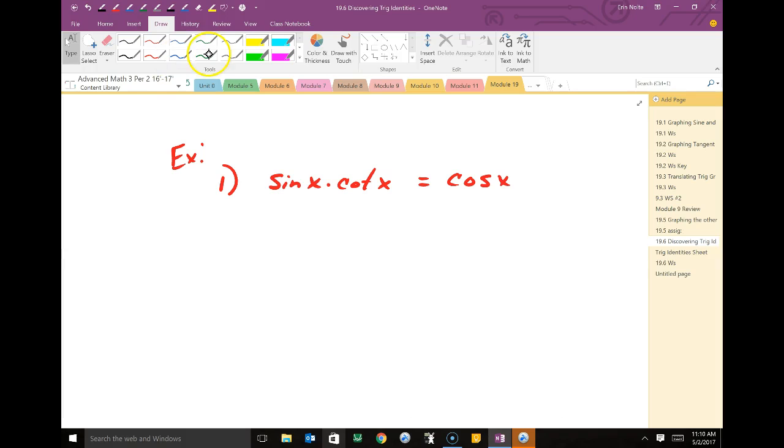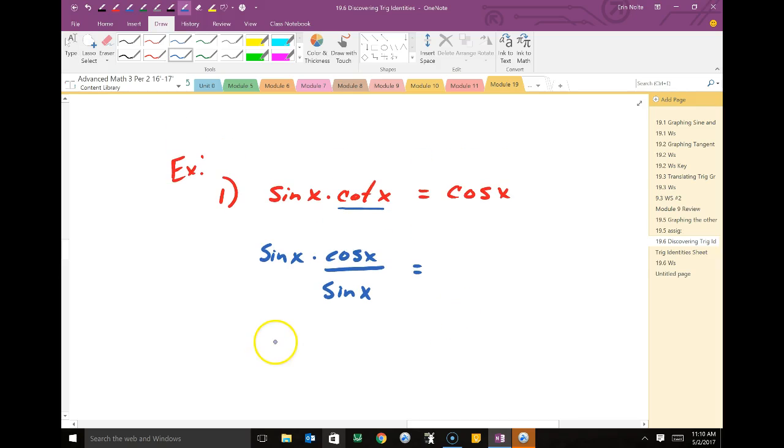Okay, good. Did everybody catch that? Cotangent is the same as cosine over sine. Now if I have cosine over sine times sine, I don't know if you need to write this step, but I'm going to just to be incredibly clear. We can multiply these two fractions together.